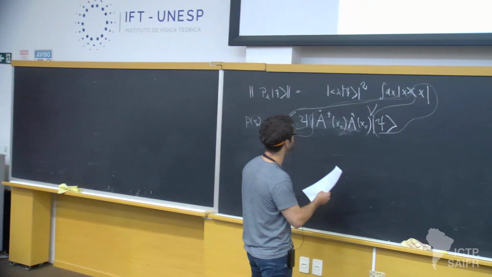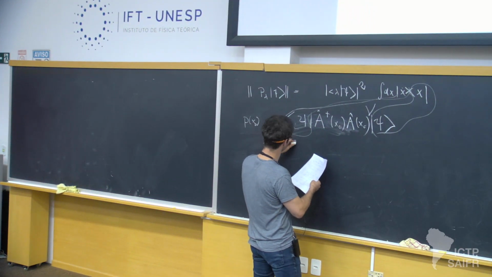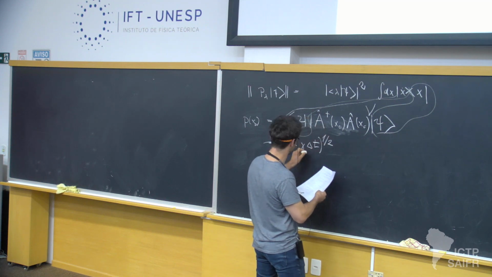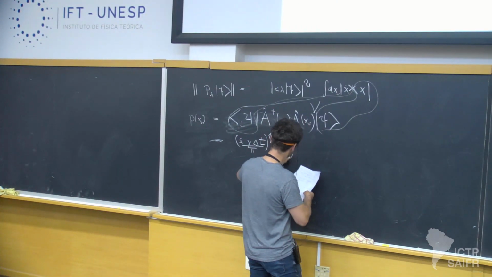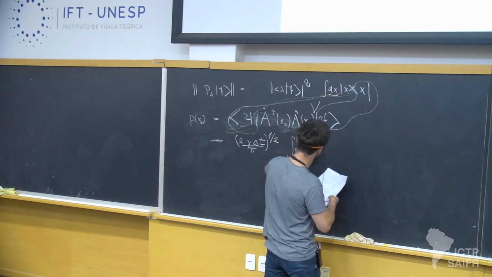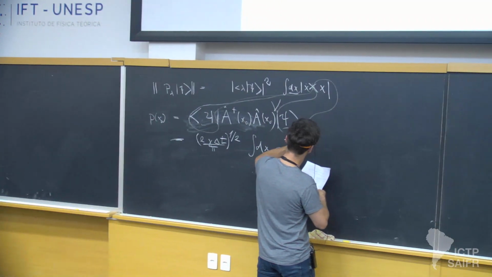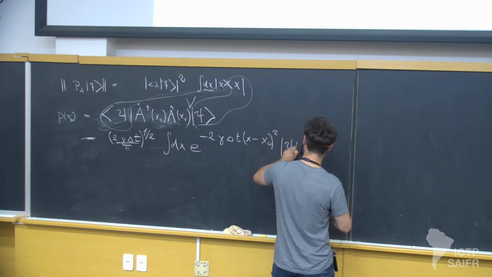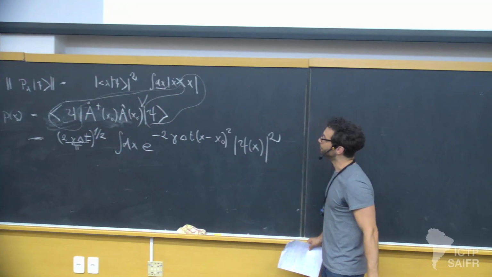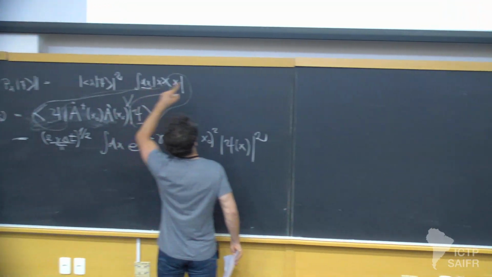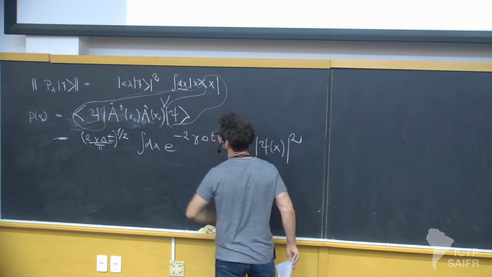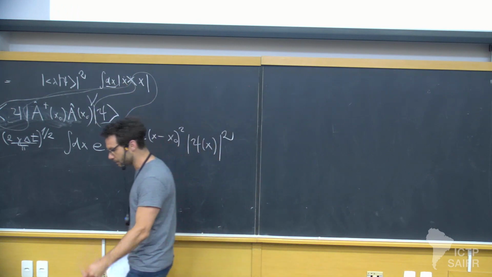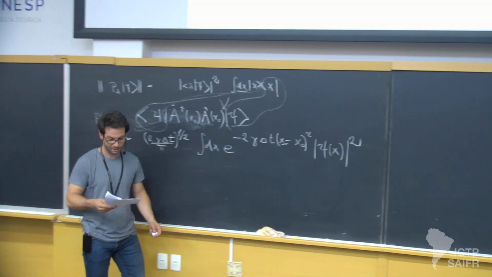I just copy these operators here with a proper prefactor, 2 gamma delta t over pi to the 1/4 squared, so to the 1/2, and then the integral dx of e to the minus 2 gamma (x minus x naught) squared, psi of x absolute value squared, where in addition I have used that the e to the x hat operator acting on the position eigenfunctions spits out a number, the number that's popping up here.